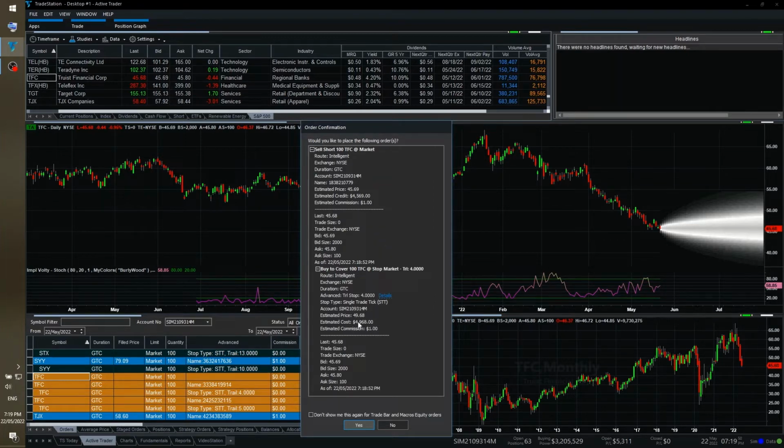The difference between this estimated cost to buy to cover and this estimated credit is $400.